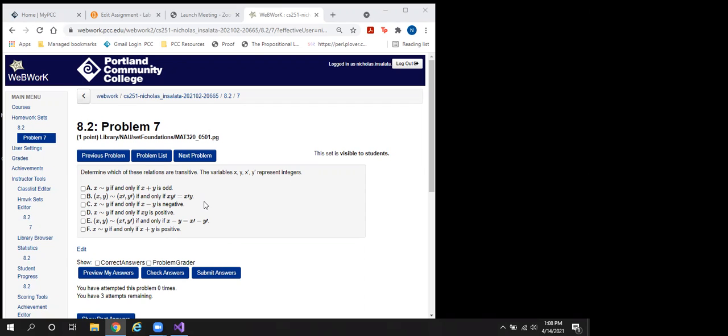No ideas on that one? Maybe, why don't we circle back to that one? Let's try this one, right? If x minus y is negative, is that transitive?